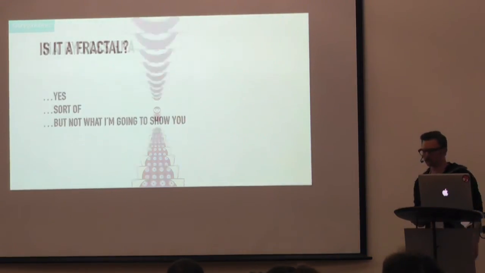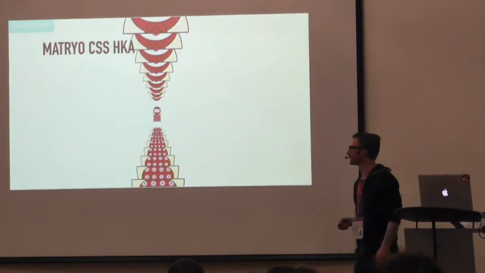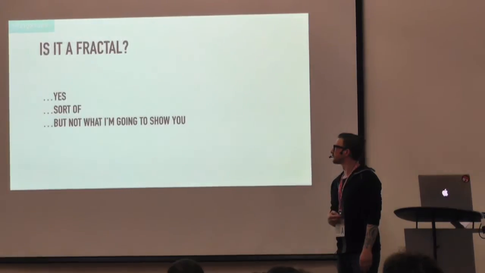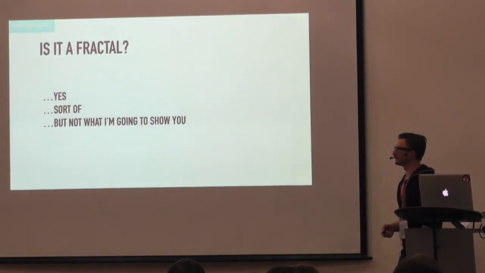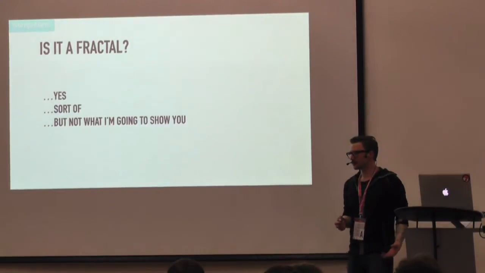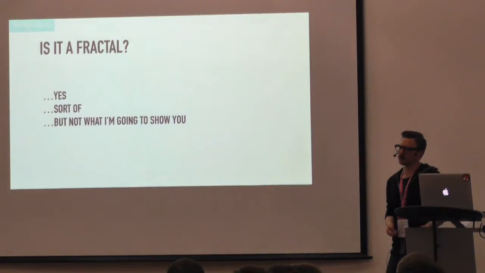I figured let's just call it Matryo CSSka. So, is it a fractal? Yes, it's sort of a fractal, and it's not what I'm going to show you, because if I were, now this talk would be over, and that would be quite boring, right?